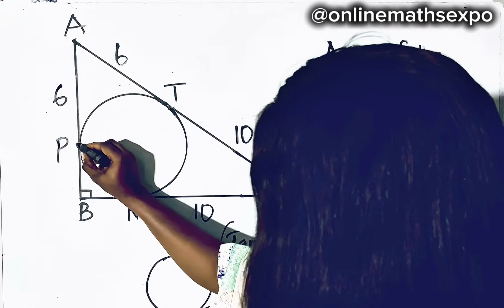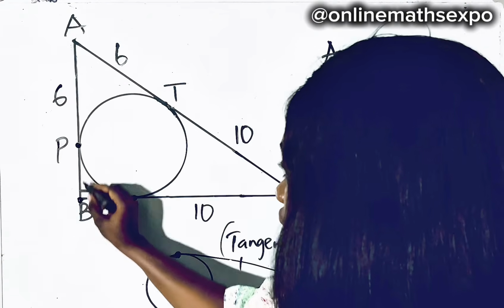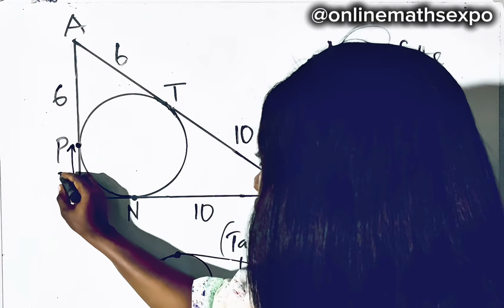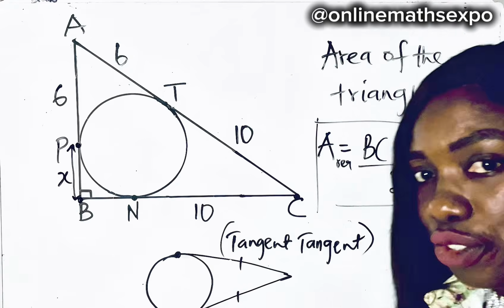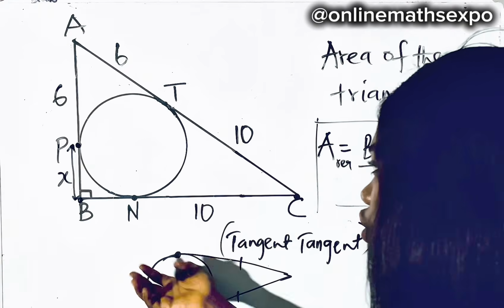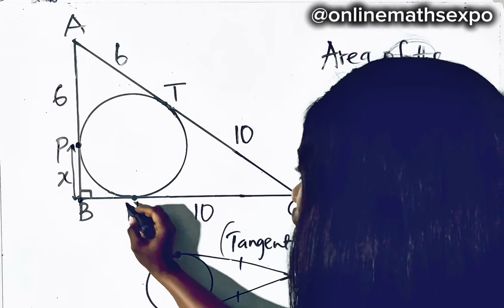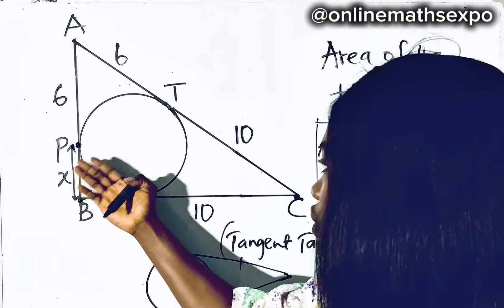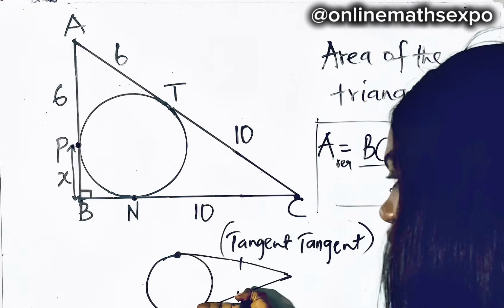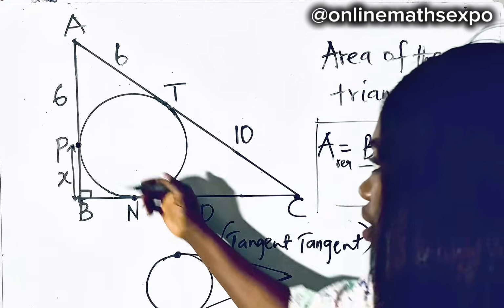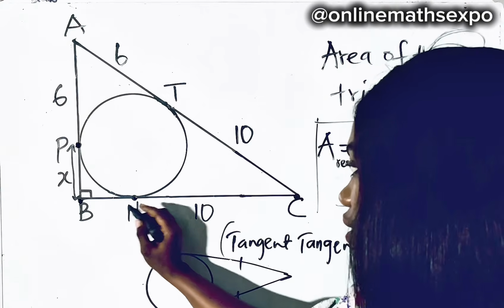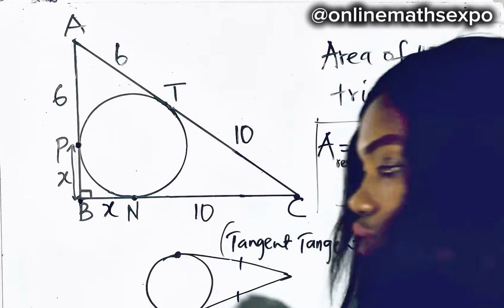We can say that this length from P to B, let's label it X. So this length is labeled X units. And if this is true, what did you observe? You observed that this theorem is also seen at this point. Just watch. Did you see it? To apply this theorem here, it means that length PB should be equal to length BN, and in that case, it's going to be X units.